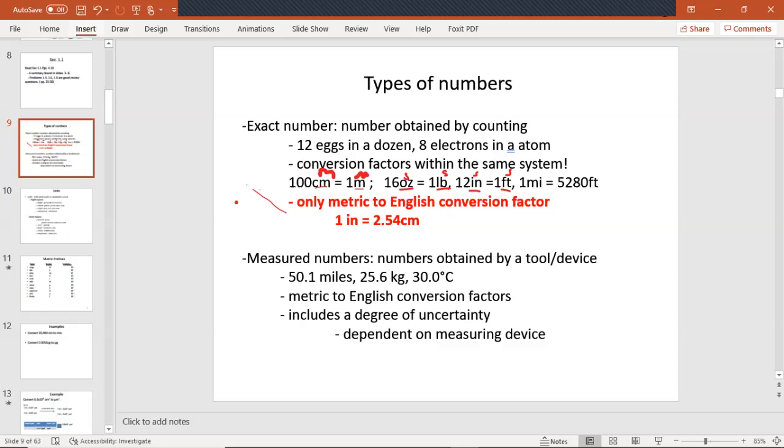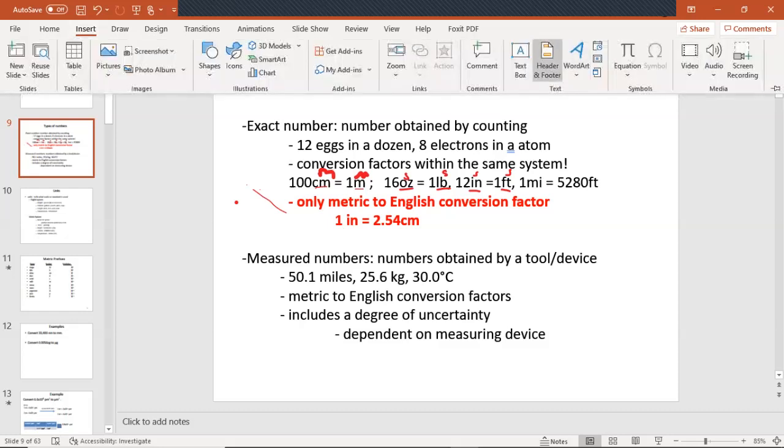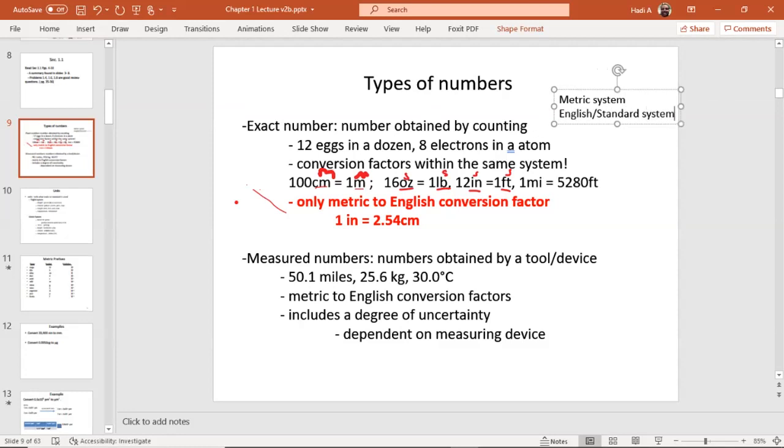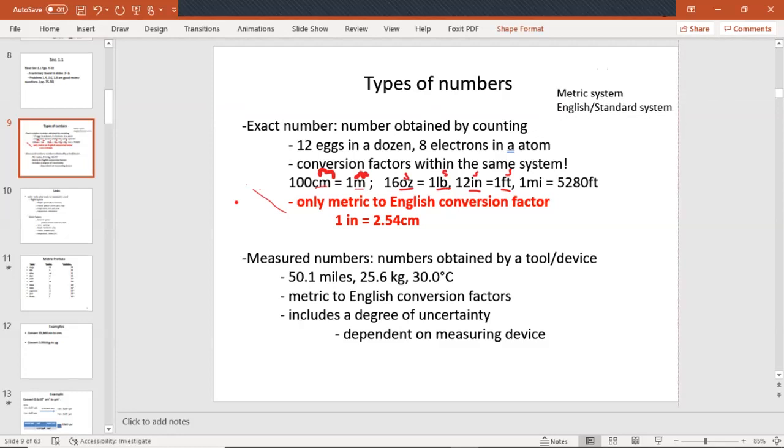So if I was to add a little side note here, there are two types of measurement systems. We have the metric system and the English, or you can call it the standard system. So the English system is what we use in the United States: inches, feet, pounds, ounces, etc., gallons, quarts, things like that.